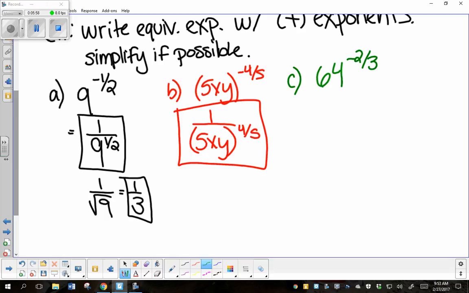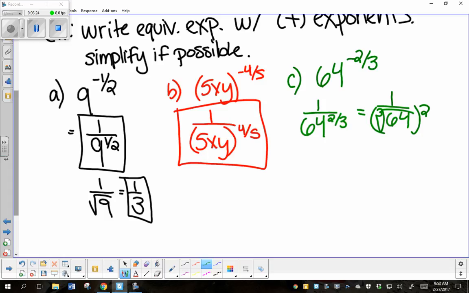Okay, let's check how you wrote it with a positive exponent first. So you should have written 1 over 64 to the positive 2/3. So you just make it move to the bottom and change the exponent to positive. Then we can think about this as 1 over the cube root of 64, and then we can square it, right?